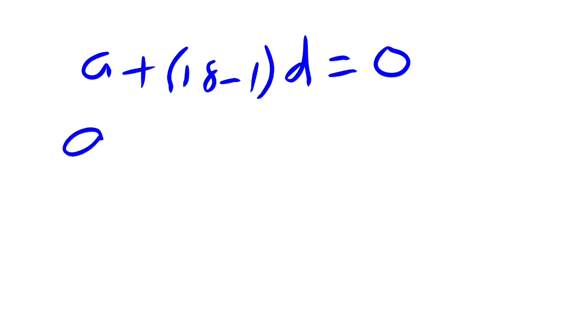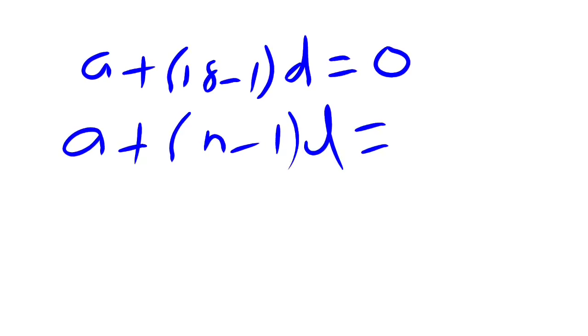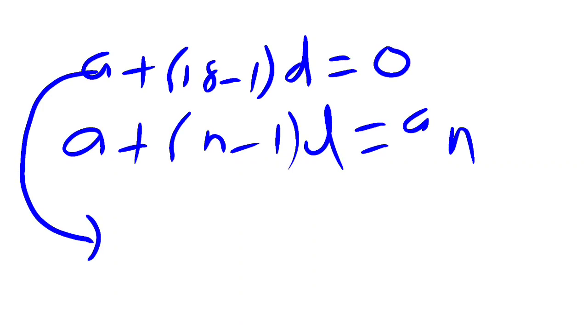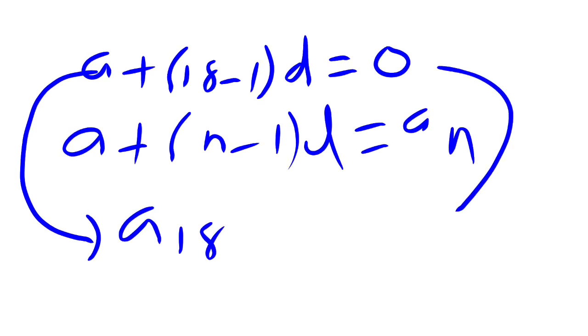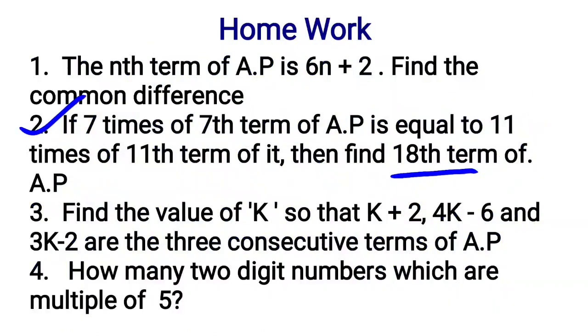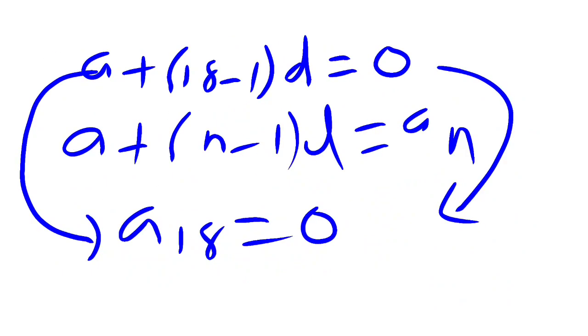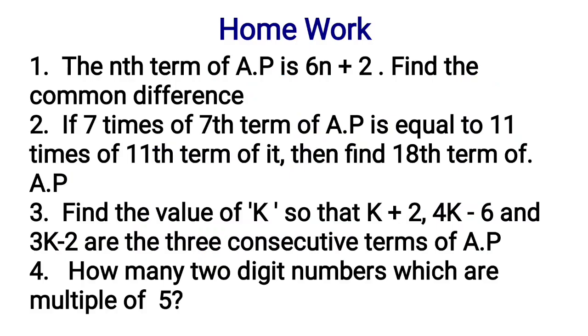So it is exactly in the form of a plus n minus 1 into d is equal to an. So a plus 18 minus 1 into d is a18. So it is equal to 0. What he is asking? Find the 18th term of the AP. So that is 0.